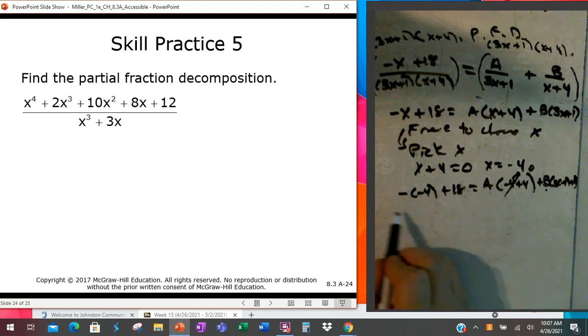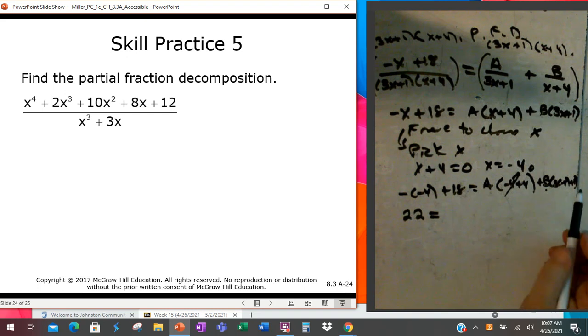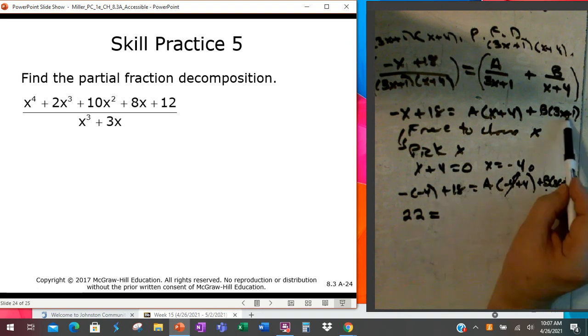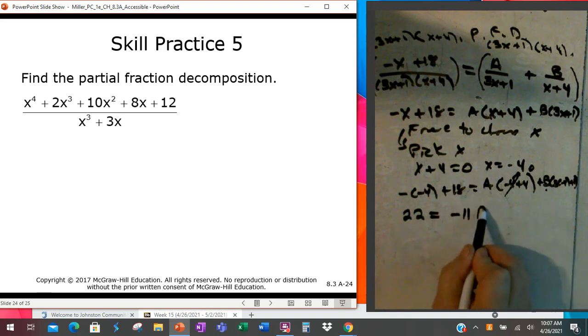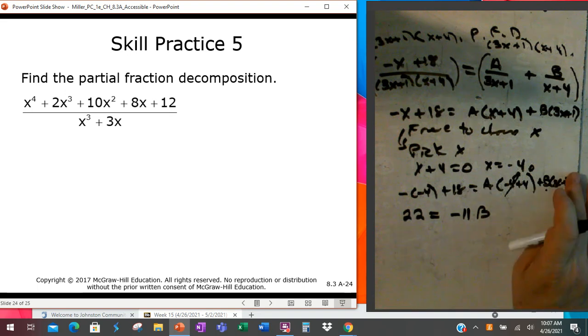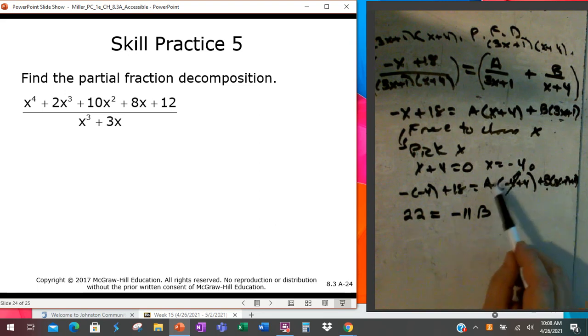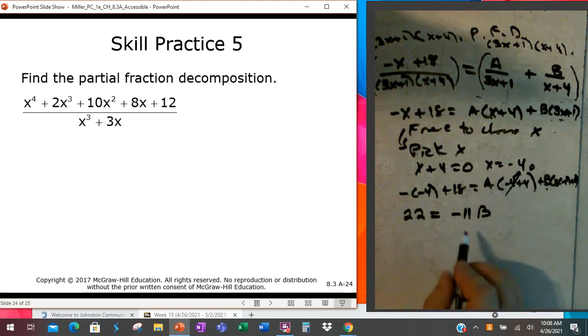So plus 4, 18, I've got 22 is equal to, this was my 3 times my -4, -12 plus 1, which is -11, times b. This may be hard to read up here. A times 0 is 0, so that goes out.